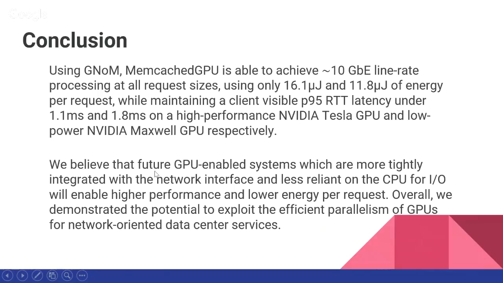We believe that future GPU-enabled systems, which are more tightly integrated with the network interface and less reliant on the CPU for I/O, will enable higher performance and lower energy per request. Overall, we demonstrate the potential to exploit the efficient parallelism of GPUs for network-oriented data center services.